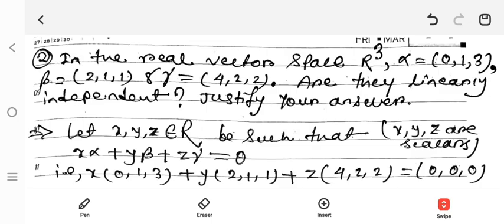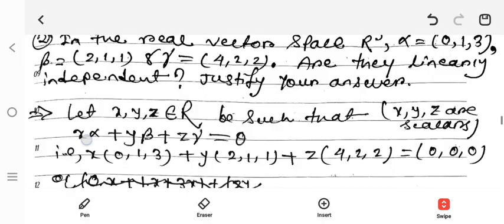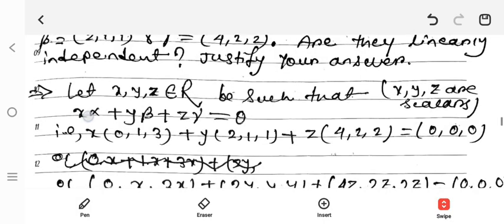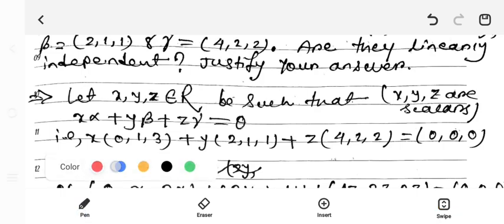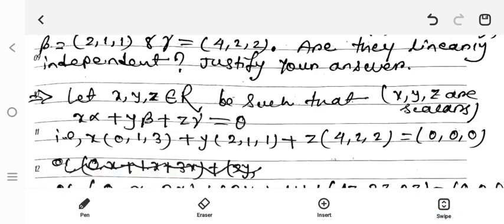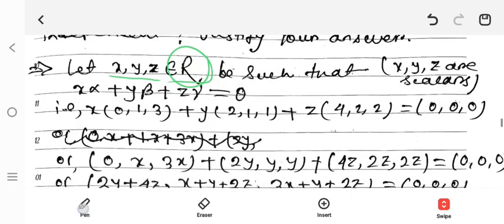Here, in the real vector space R3, are the vectors alpha, beta, and gamma linearly independent? Justify your answer. So let x, y, z belong to the set of real numbers, where x, y, z are unknown scalars.